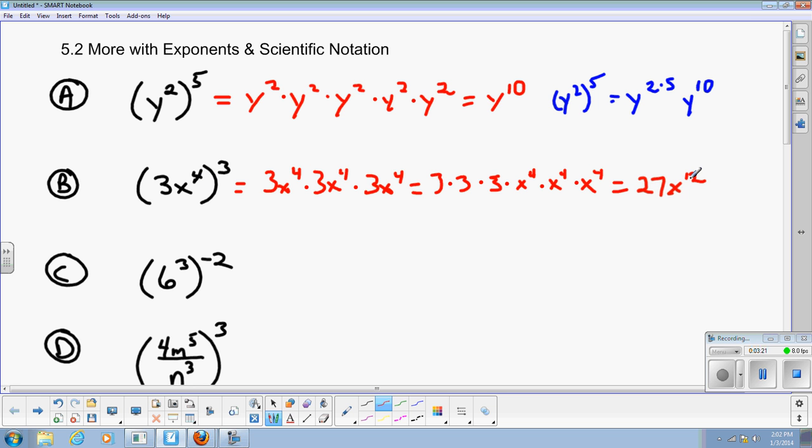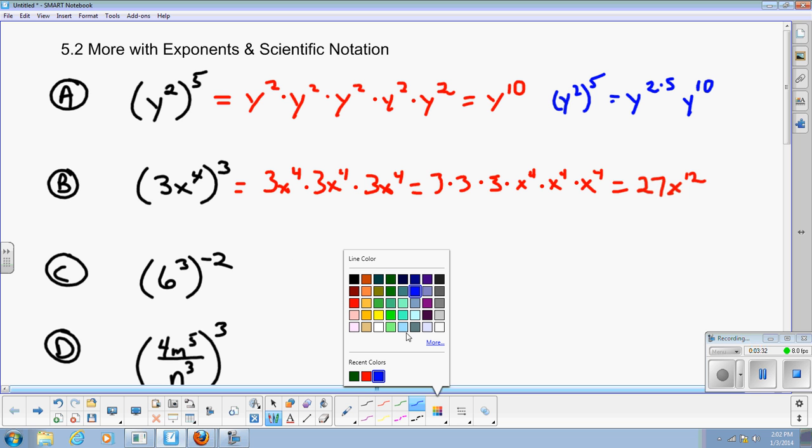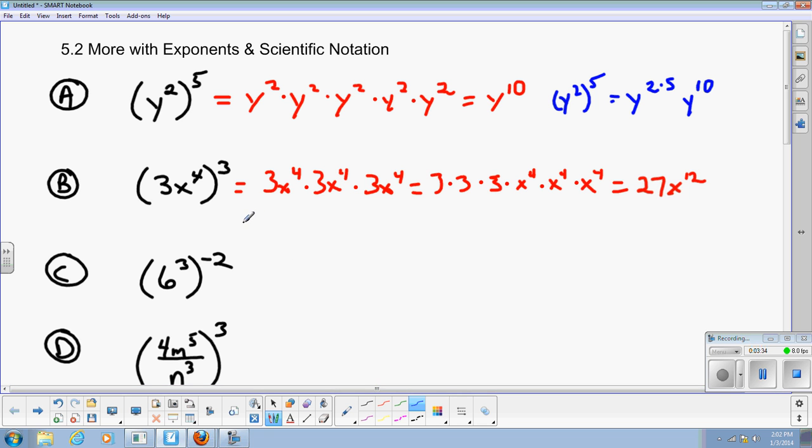My answer has a 12. So yes, we can multiply those two exponents to find the correct exponent on x. The question is, what about the 3? How do I do that? Well, what is the exponent on 3? The exponent is 1. So I can also do 3 times 1.